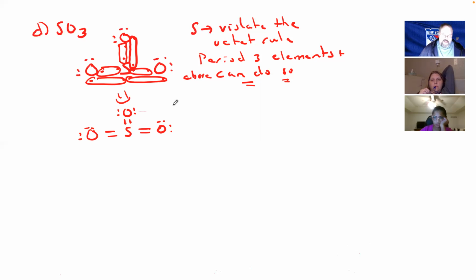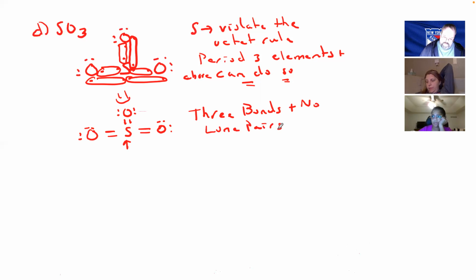But if you're able to get to that, now for the sulfur we have 3 bonds and no lone pairs. So what shape would you have around the sulfur atom? Trigonal planar. Which tells us, is this molecule polar or non-polar? Non-polar. That's exactly right.